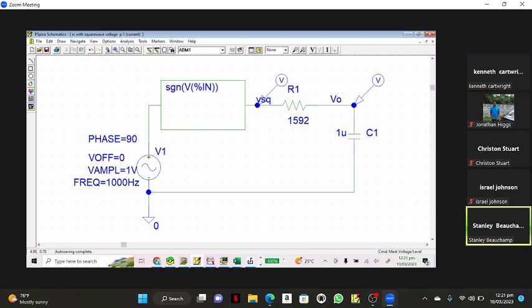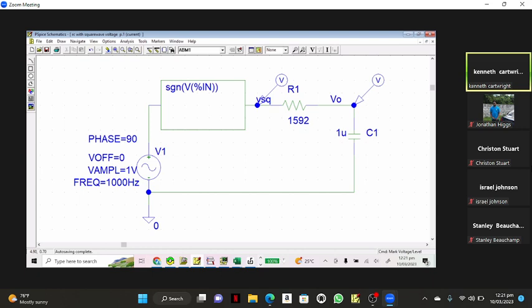A square wave. And how am I creating my square wave? That's V square, you see it there. V square is the input. It's a square wave. We'll talk in a minute about how I generated the square wave in PSpice. There are many ways to do this. I'm only showing you one way.